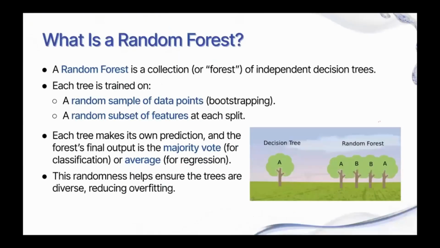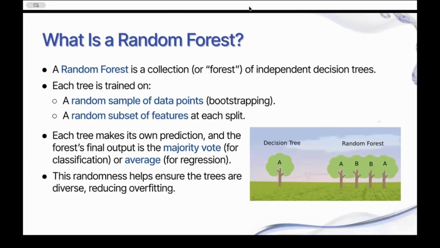Okay, so let's expand that. So what is a random forest? A random forest is a collection, or forest, of independent decision trees, right? When you bring many trees together, they make up a group of trees, and in English we call it a forest, and so we do in machine learning. Each tree is trained on a random sample of data points, right?